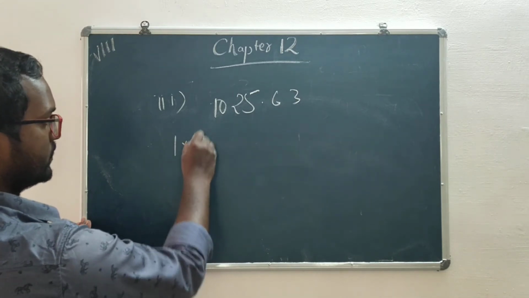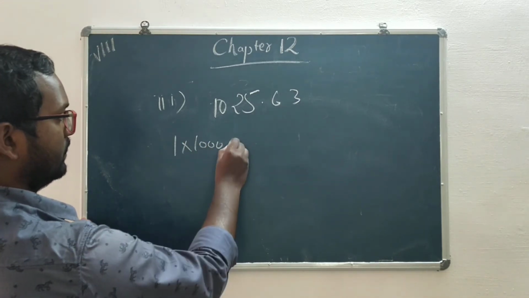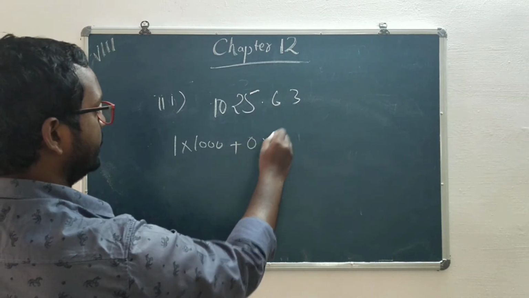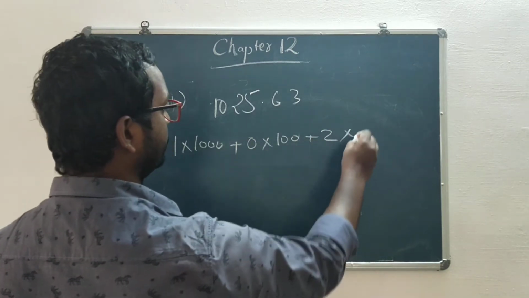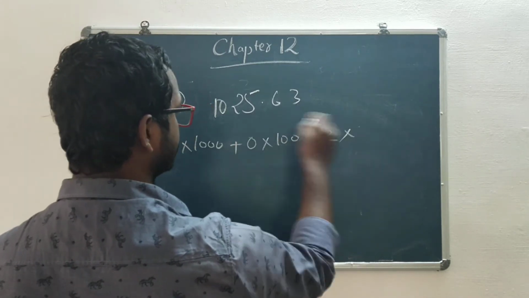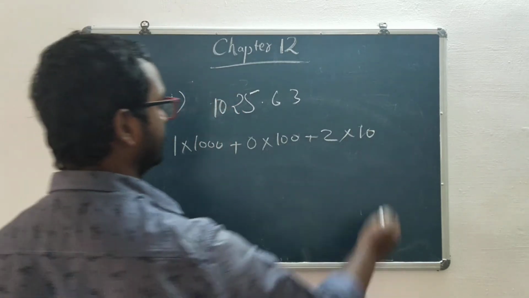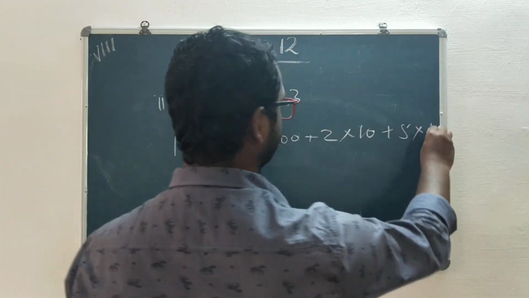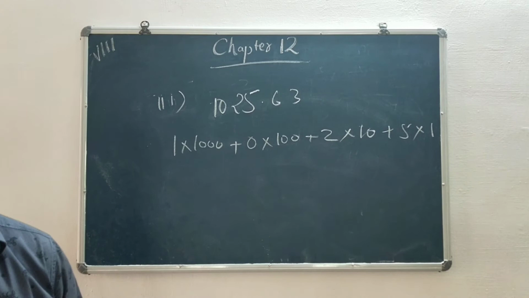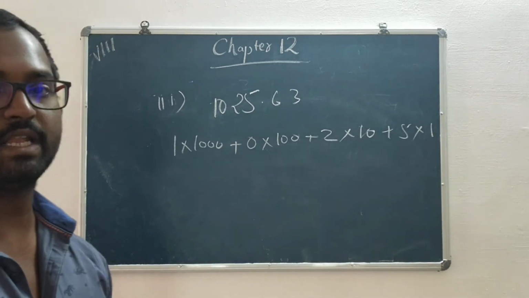So 1 into 1000 plus 0 into 100 plus 2 into tens plus 5 into ones. Or you can write this 1 as 10 power 0 also.